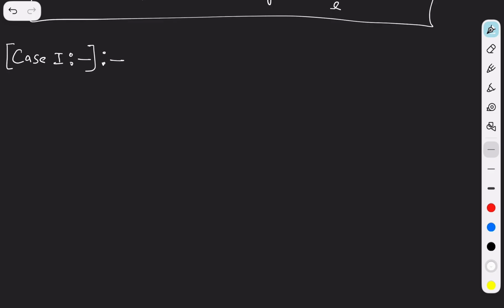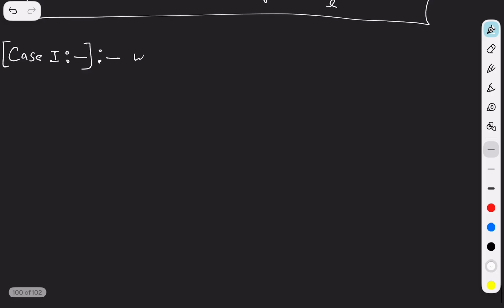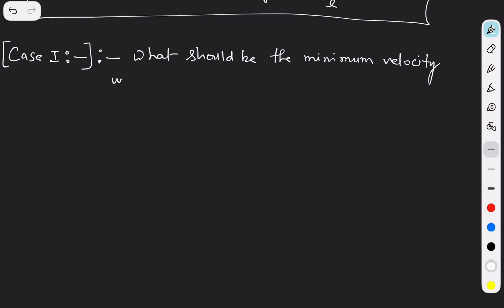So the question, if somebody asks you, is what should be the minimum velocity we should give the particle so that it can do the full circle.